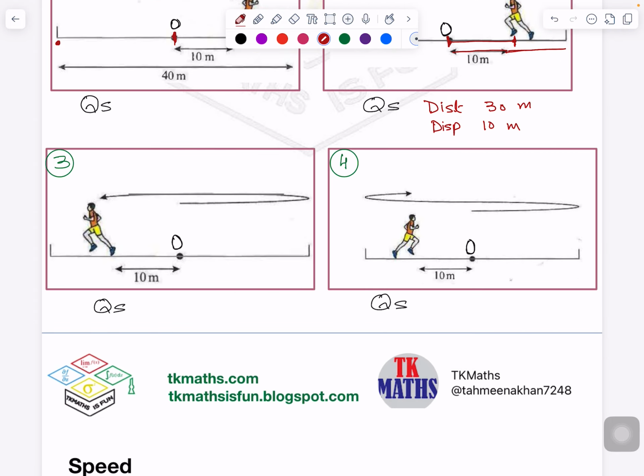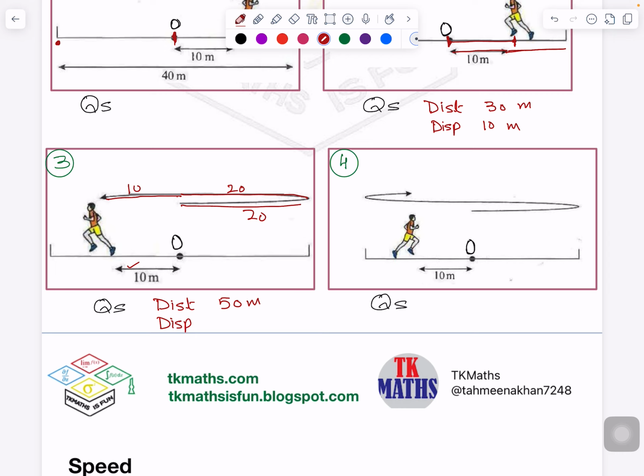Now let's come to figure 3. What is the distance in this case? Yes, you are right. He started from here, so this was 20. Then he came back all the way till here, 20. Then again 10, as it is mentioned here. So distance is 50 meters.